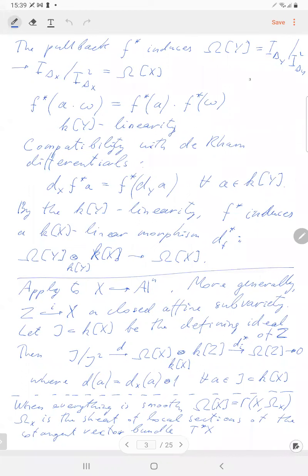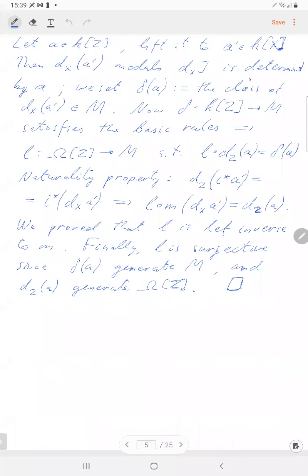Okay, and now we apply this fact, or maybe something very similar, to the case when Z is just one point in X, and then we are able to answer Sergei's question from last time, how the Zariski cotangent space at a point is related to the Kähler differentials, namely that the fiber of this sheaf of Kähler differentials is nothing but the Zariski cotangent space at the point. Okay, so let's prove this.